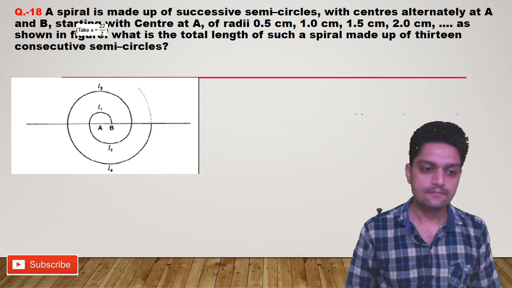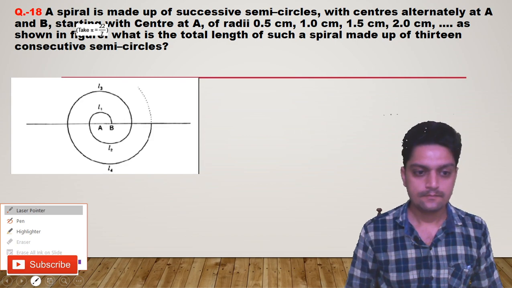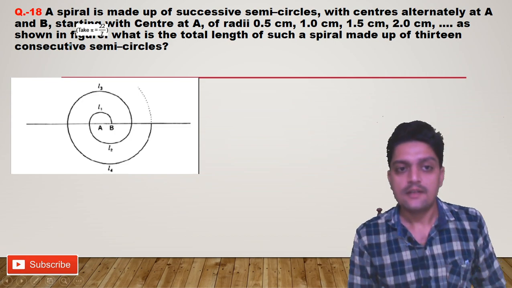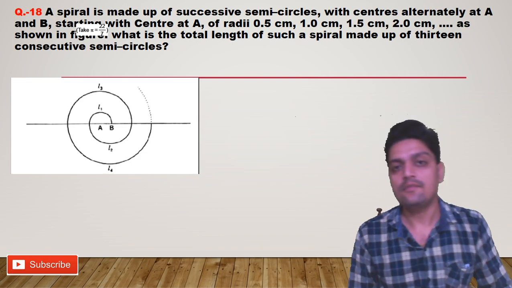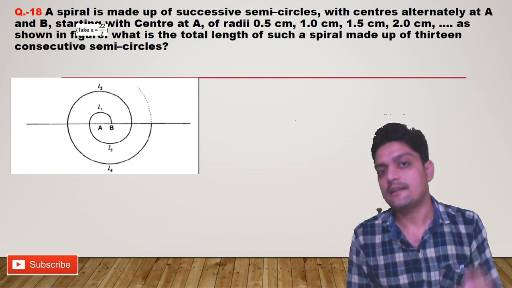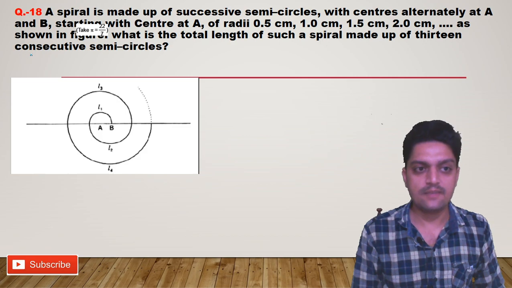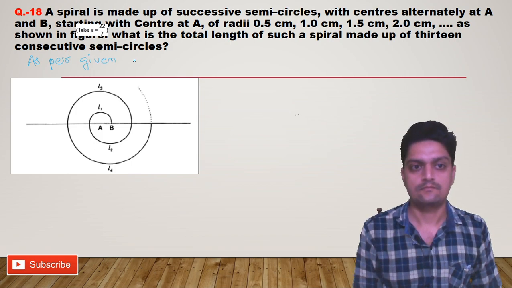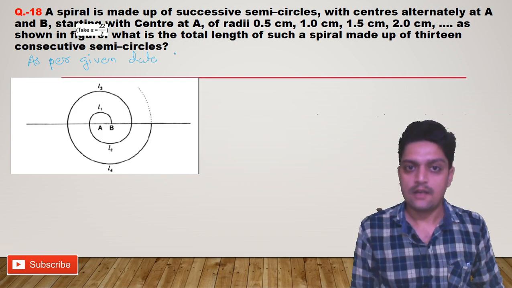First let me tell you that the total length is the circumference. If you find this circumference, you will get the total length, and circumference is 2 pi r. First you have to write as per the given data. We can write r1, r2, r3.